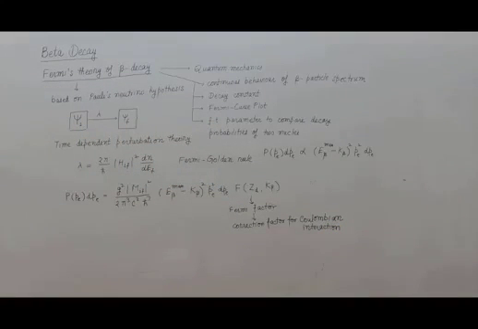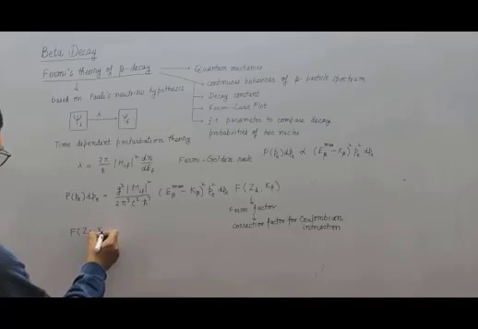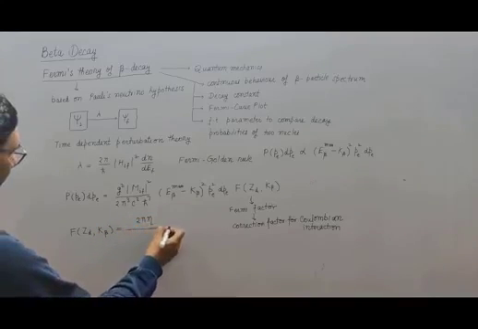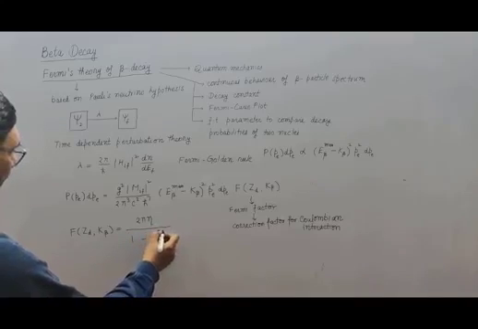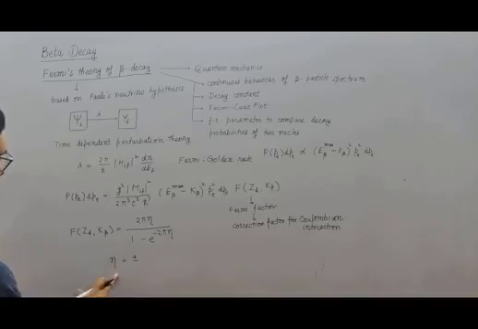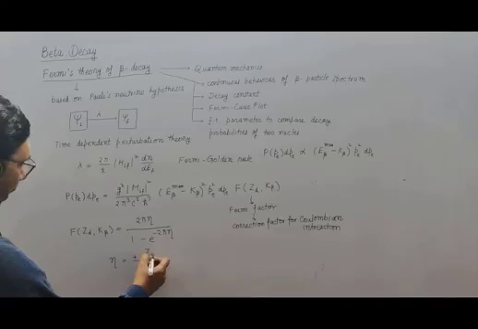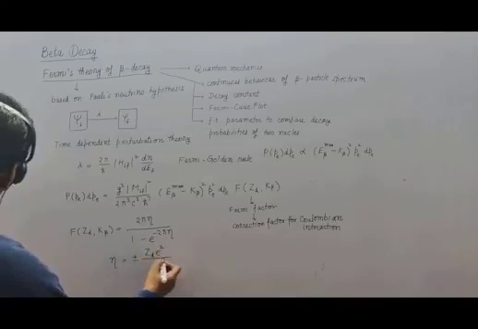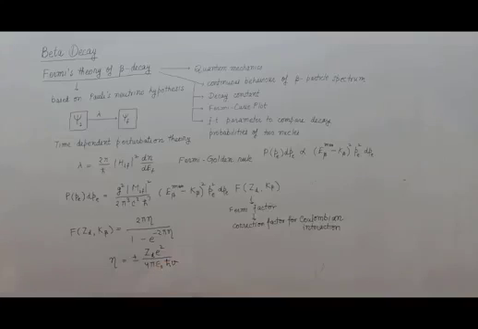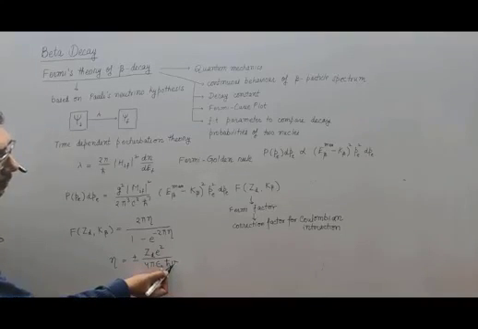The expression for this correction factor was F(ZD, K beta) equal to 2 pi eta divided by 1 minus e to the power minus 2 pi eta, where eta is equal to plus or minus ZD e square upon 4 pi epsilon naught h cross v, where v is the velocity of the beta particle, beta plus or beta minus.